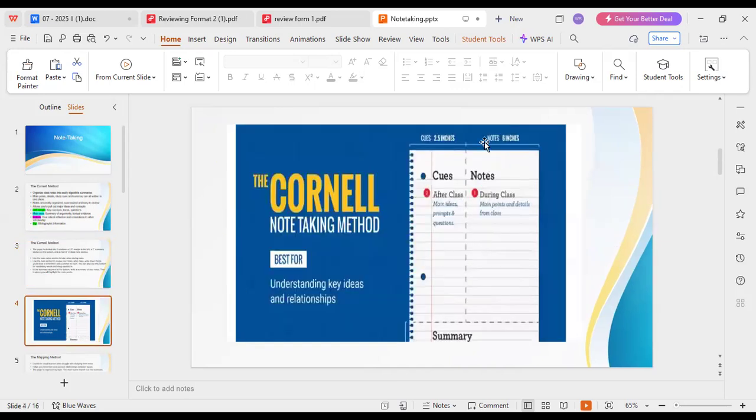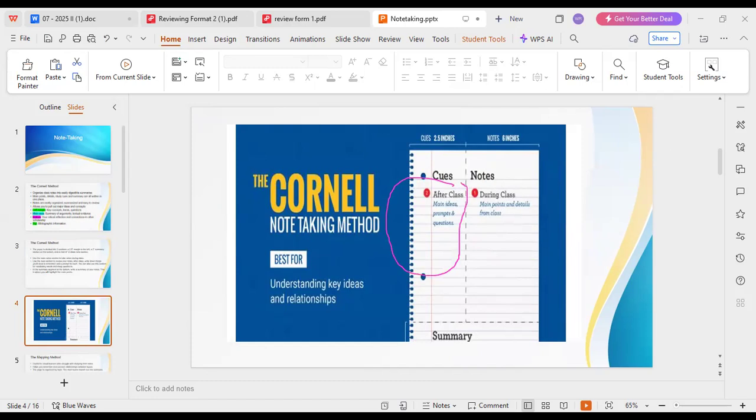So here, let me use the annotate tool, this part, right? So there you can see. And after that, you have the review section, right? This part. The left side, we call it the left Q column.